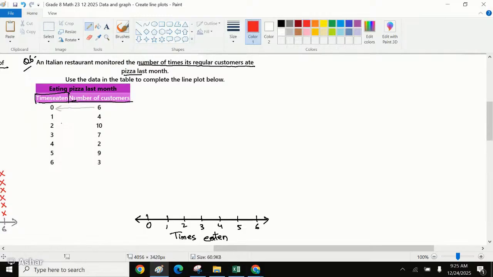So 6 customers ate 0 times. They did not order. So 0 pizzas were ordered by 6 customers. 4 people ordered 1 time. That means 1 time was ordered by 4 people.